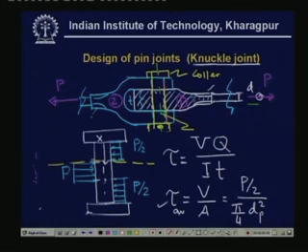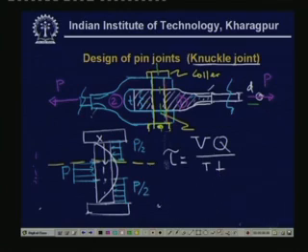Now, there is always some clearance between the pin and this I bar or the fork end. So there is a tendency that the pin will bend, and it bends like this. So we can draw the bending moment diagram and see what is the effect of this bending stress.